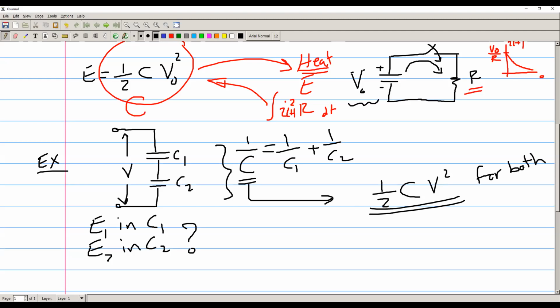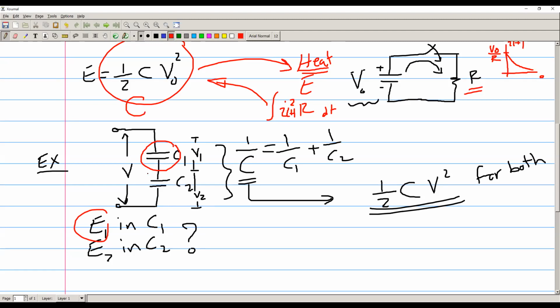Remember how we computed the voltage across the first one and the voltage across the second one? For energy 1 in C1, I need to get V1 here.